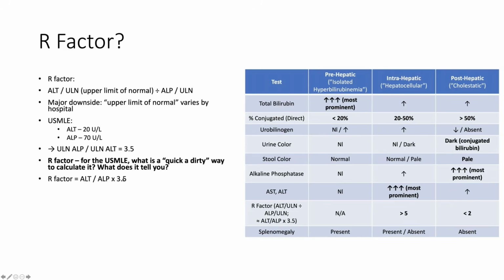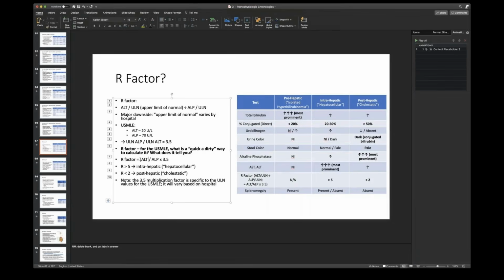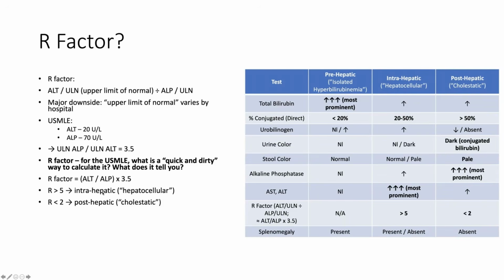So in other words, all of this times 3.5. This is written with the correct order of operations, but I just want to make this really quick. So if R is above 5, that tells you that it's hepatocellular. If R is less than 2, that tells you that it's cholestatic. Again, this quick and dirty way really is only USMLE specific. It will vary depending on the hospital.